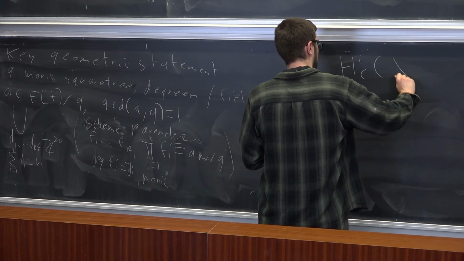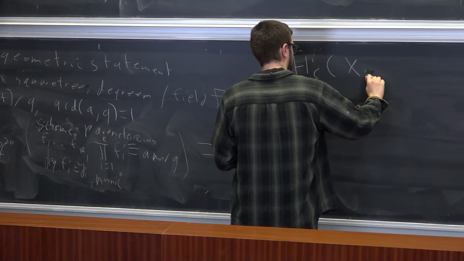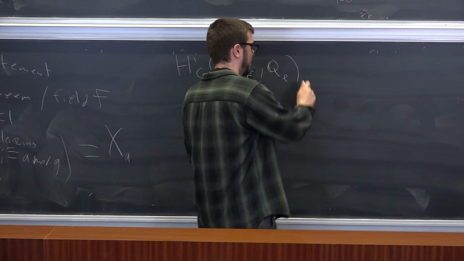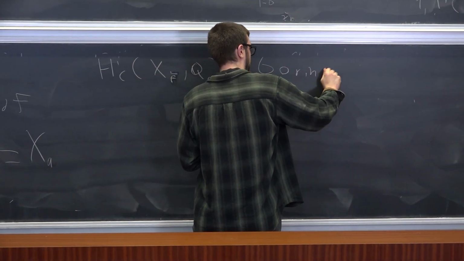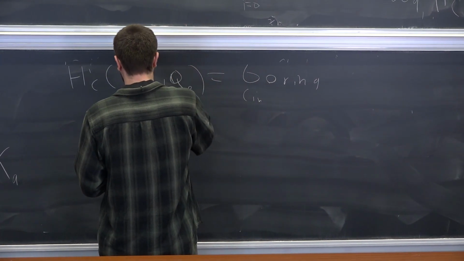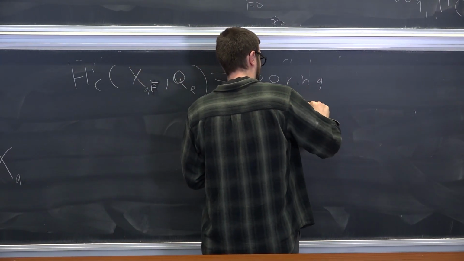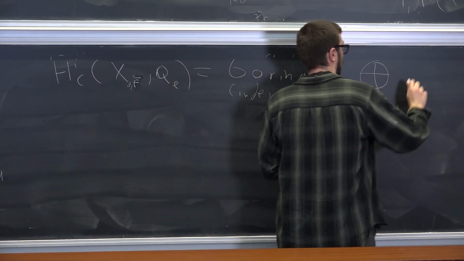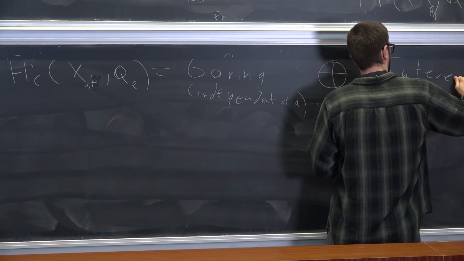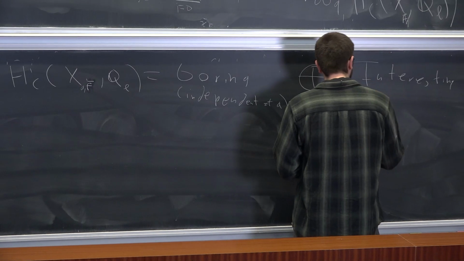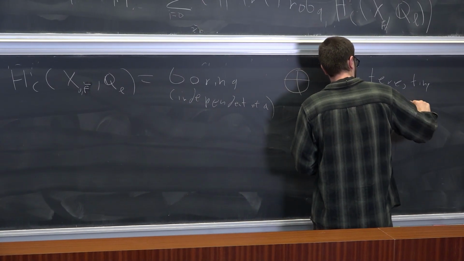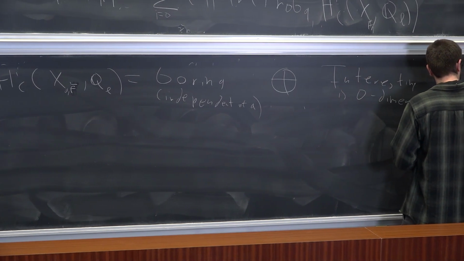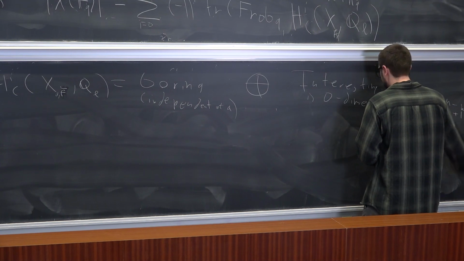Then the cohomology of X over the algebraically closed field with coefficients in Q_l splits into a kind of boring piece, which is independent of A, plus an interesting piece. But the interesting piece is zero-dimensional if i is not equal to n minus m or n plus 1 minus m.